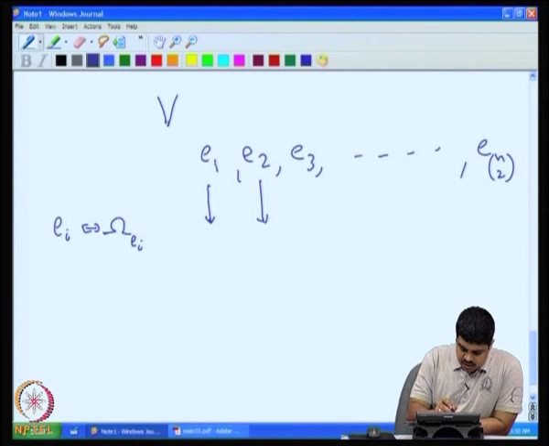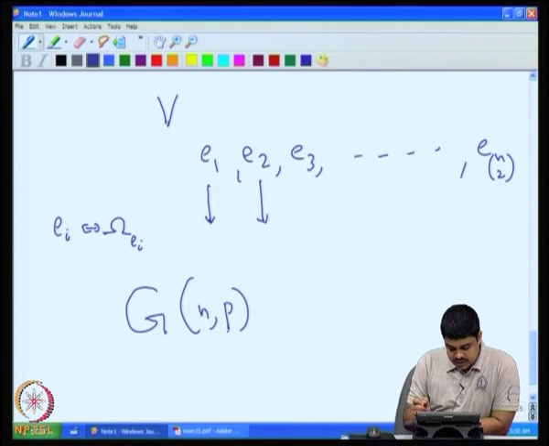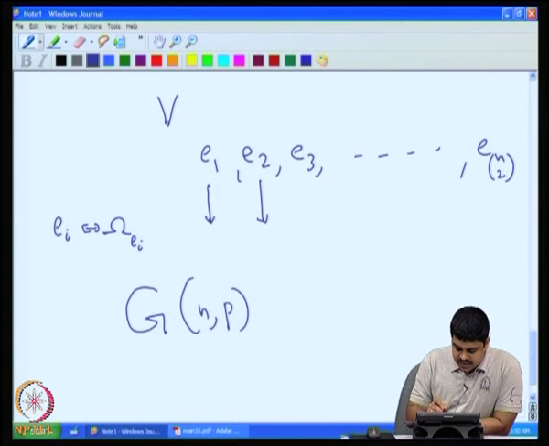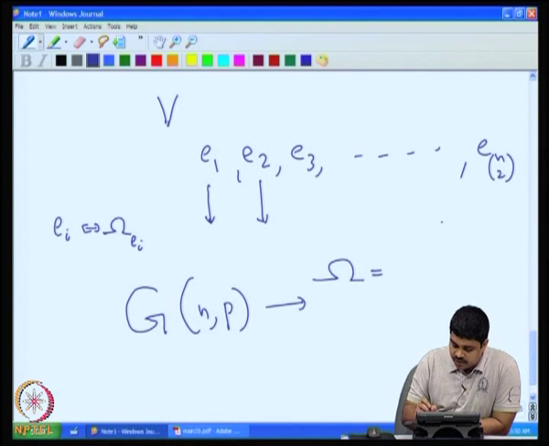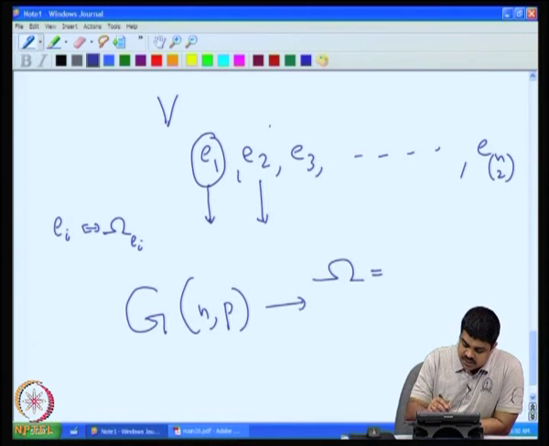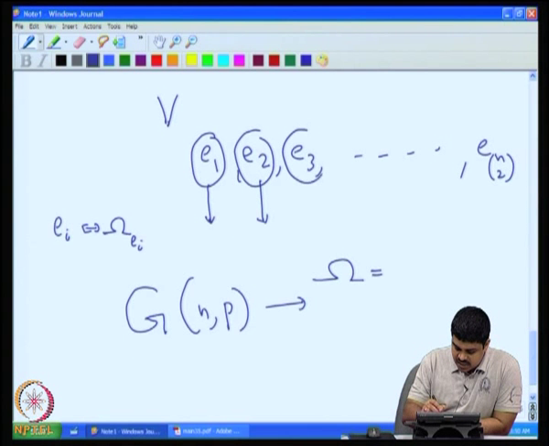Now we will define a new probability space called GNP. Its sample space is essentially the Cartesian product of the sample spaces associated with each of these edges.